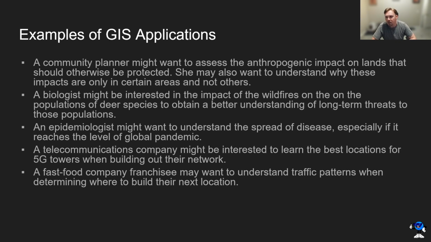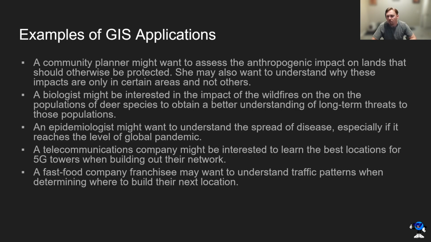Examples of GIS applications. A community planner might want to assess the anthropogenic impact on lands that should otherwise be protected. She may also want to understand why these impacts are only in certain areas and not others. A biologist might be interested in the impact of wildfires on the populations of deer species to obtain a better understanding of long-term threats to those populations.